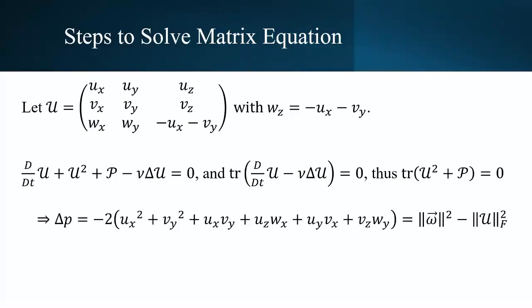The trace of the P matrix, which is all the second order derivatives on x, y, and z, added together, is Laplace p. And it equals negative 2 times ux squared plus vy squared plus ux vy plus uz wx plus uy vx plus vz wy. You can also simplify it into the square of the magnitude of vorticity minus the Frobenius norm of the matrix U squared.